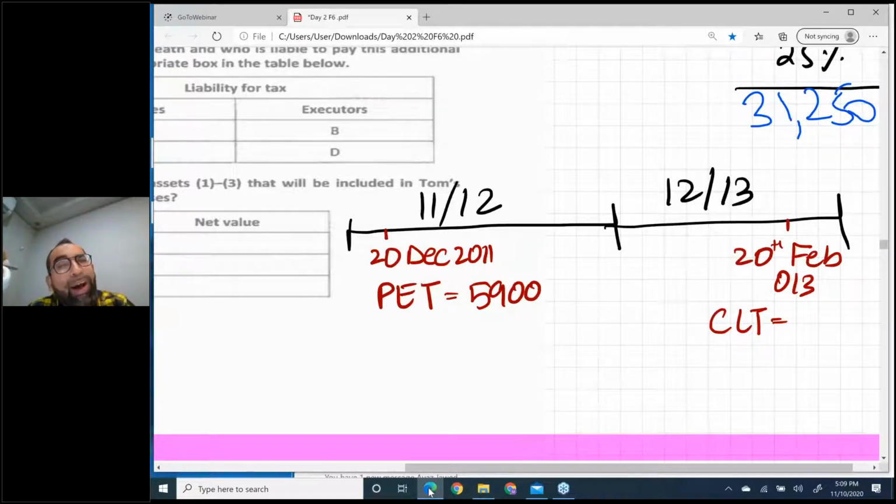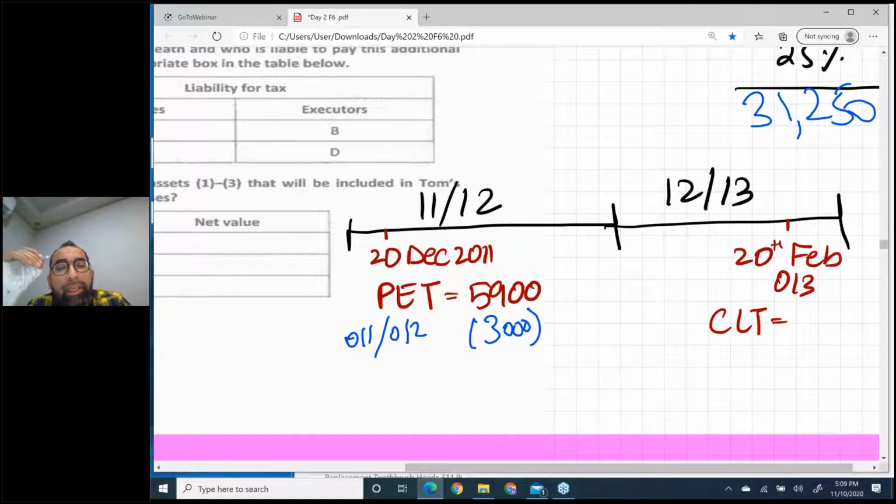But wait, how to use the annual exemption? I told you, you remember? Always use the current year first. So you will use the 11-12 annual exemption first, and then last year's annual exemption.